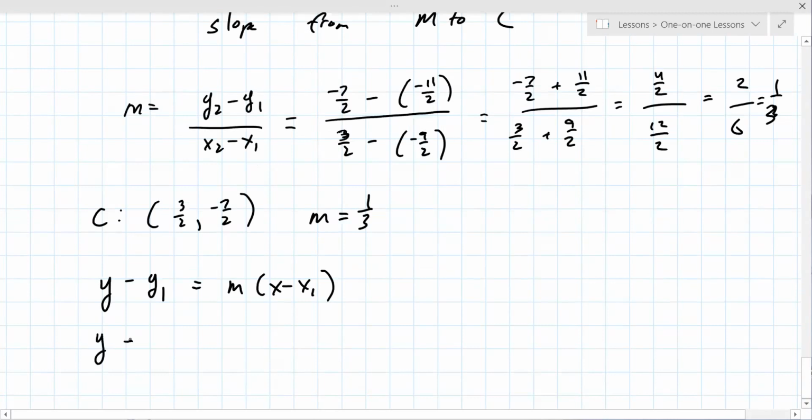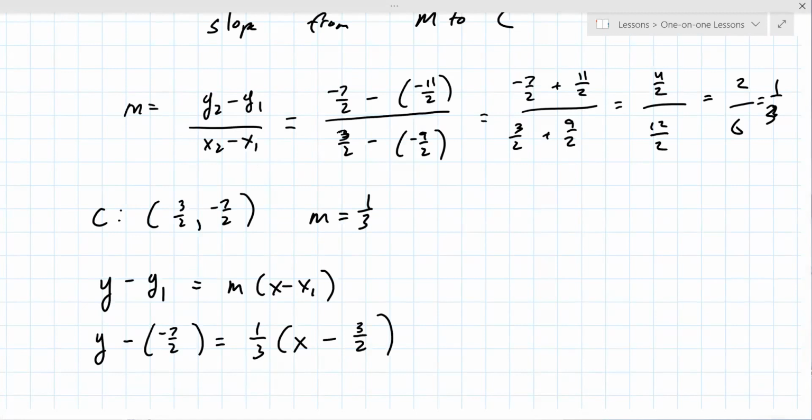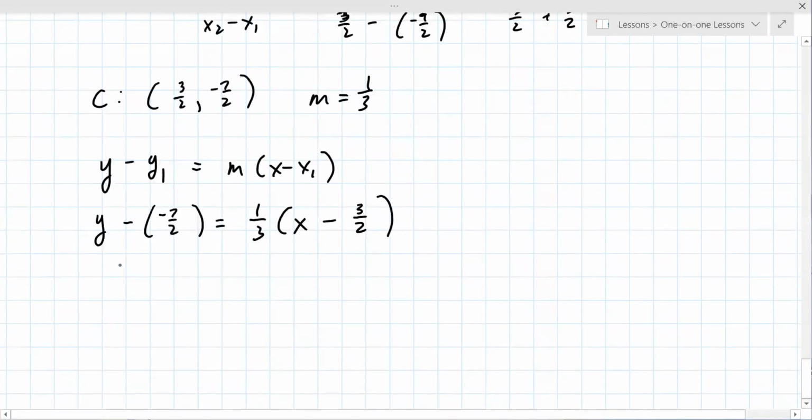So y minus -7/2 equals 1/3 times x minus 3/2. And we can simplify this by saying y plus 7/2 equals 1/3 times x minus 3/2.